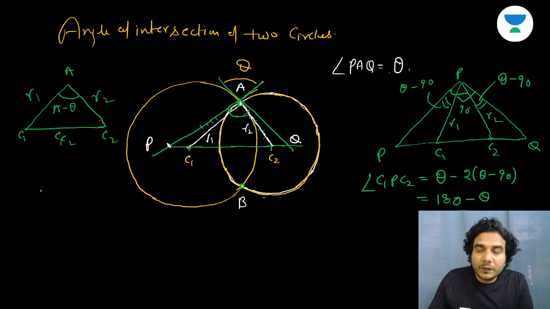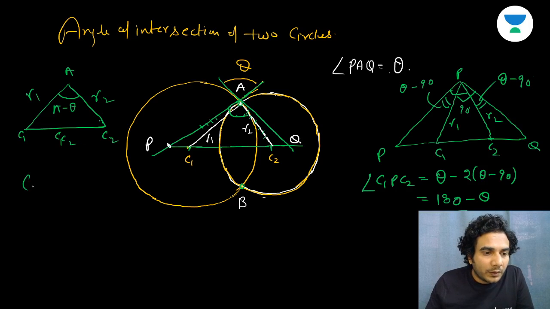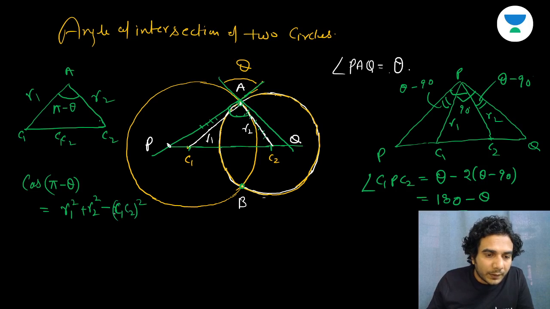So using cosine formula in any triangle, if you know all three sides, we can find the angle using cosine formula. So if you apply that formula, then cos of pi minus theta is nothing but R1 square plus R2 square minus C1C2 the whole square divided by 2R1R2, okay.